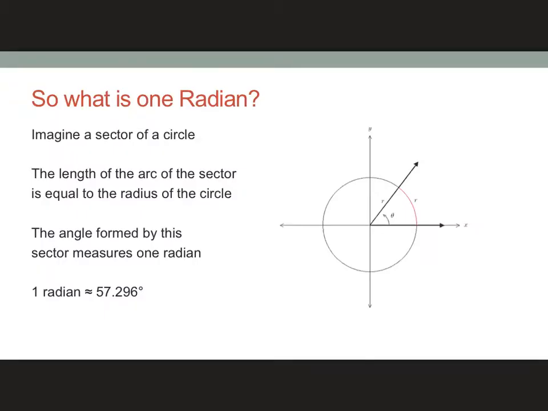Here you can see an angle on a Cartesian graph with a measurement of 1 radian. If converted back to degrees, 1 radian is approximately 57.296 degrees.